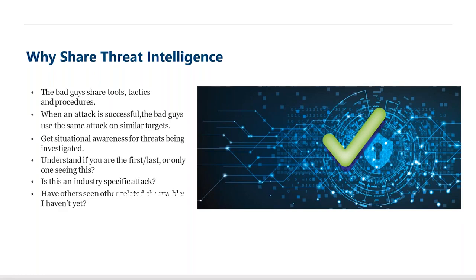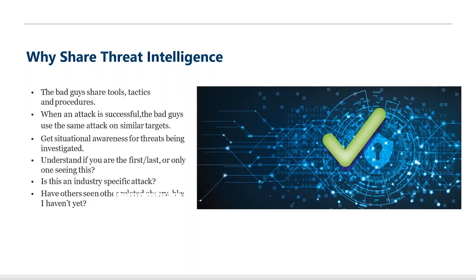We have a trusted circle of research and education institutions which do share information about the threat. And of course, by sharing that information, you are able to prevent any other organization within your trusted circle from falling victim to that particular threat or incident. And of course, the other important part to understand is if you are the first or last or the only one seeing this.